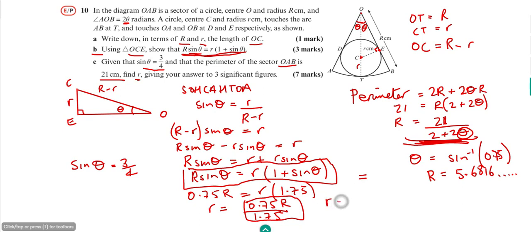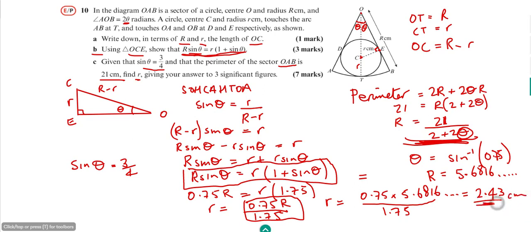So that means that small r is equal to 0.75 times the 5.6816, etc., over 1.75. And then what I will get, to three significant figures, comes out as being 2.43. And that's in centimetres. So that's it. We've done it.